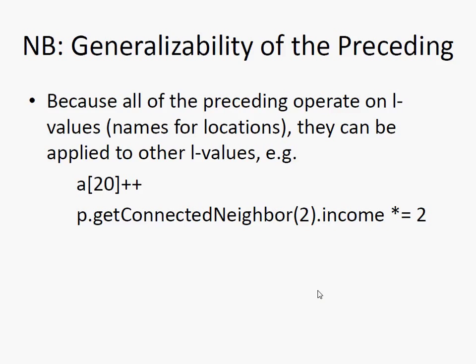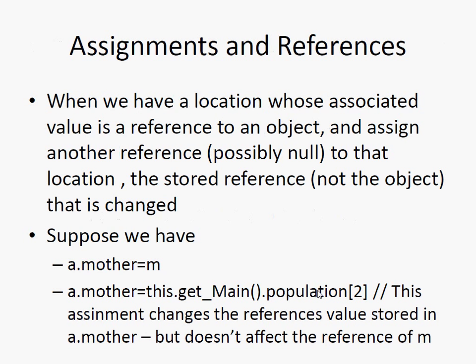This is the 21st item of that array, and we add 1 to it, making it 1 bigger than it was. We could also say, if P is a reference to a person, we get their connected neighbor, number 3, 0, 1, 2, and then we take their income and we double it. They're a lucky person. Income just got doubled.